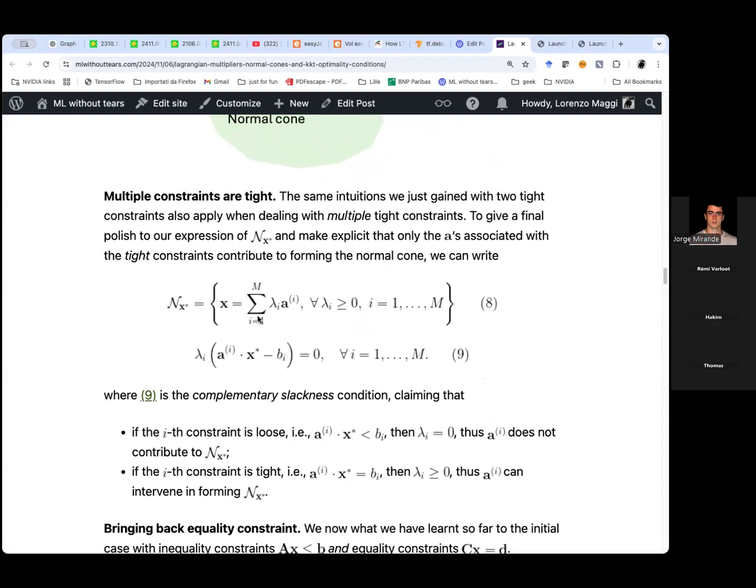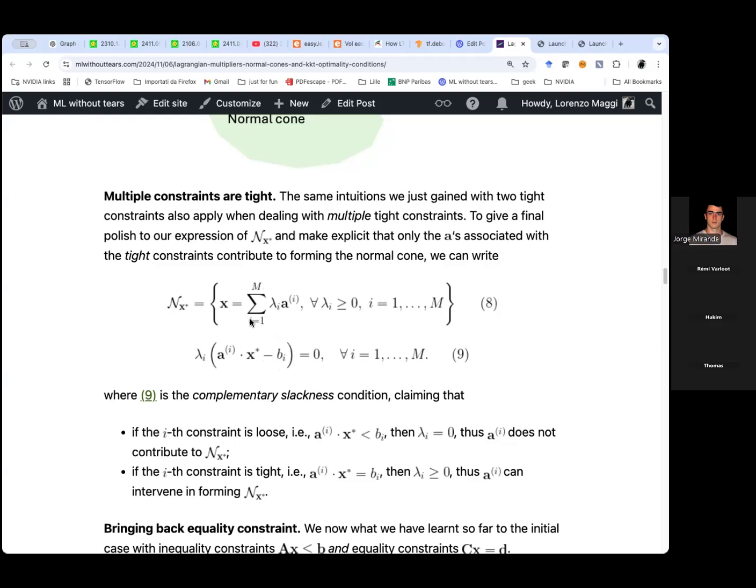But then we also said that we don't care for the constraints which are not tight. And this is exactly what it says. It says that when the constraint is not tight, so this is actually not zero, then lambda has to be zero for this to hold. So it means that this sum is not over all constraints, but only across all the constraints for which the constraint is not tight.